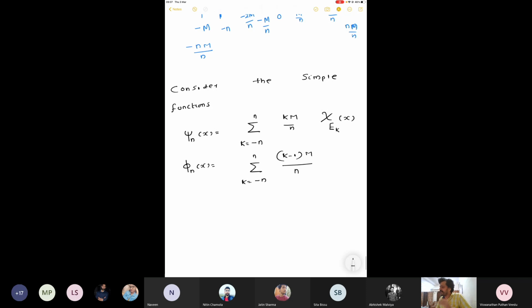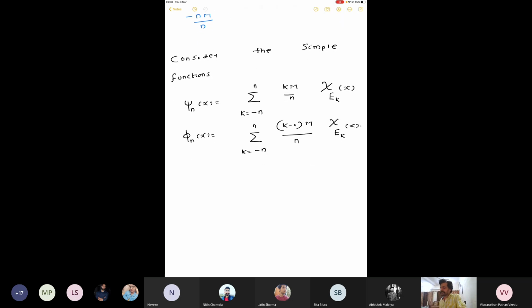Roughly, you can think like you are taking supremum and infimum in each of those subintervals, and then you are approximating by simple functions, one from above and one from below. Okay. So with this definition of ψ_n and φ_n, what you can observe is the following.